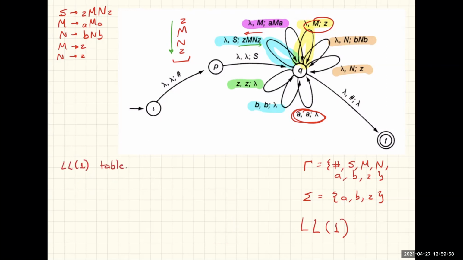It is 1 because it helps us by having a look ahead. This one corresponds to the look ahead. And with this, we will be able to take a decision on what rule we should choose, successfully avoiding, for this grammar, having to explore possibilities. But I insist, for this grammar, we will see now some limitations. So let me show you the LL table. I'm looking for it to copy.